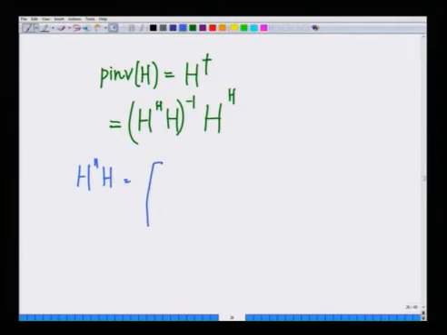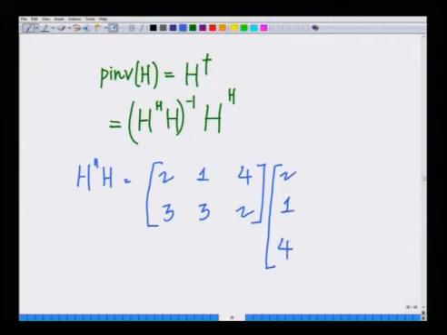H Hermitian H is nothing but [2 1 4; 3 3 2]... This is a real matrix, so Hermitian is nothing but transpose. So, this is the transpose of the matrix times the matrix itself. You can verify, this entry is 4 plus 1 plus 16, that is 21. This is 6 plus 3 plus 8, that is 17.